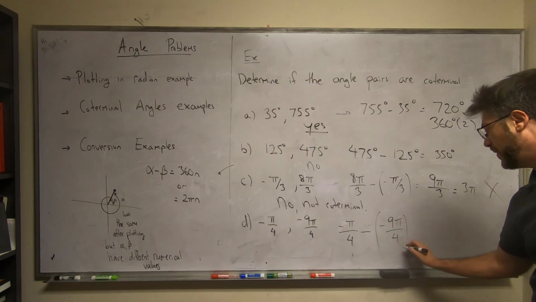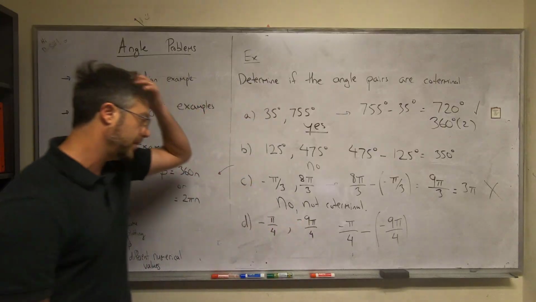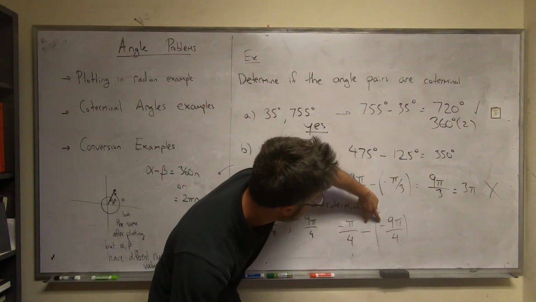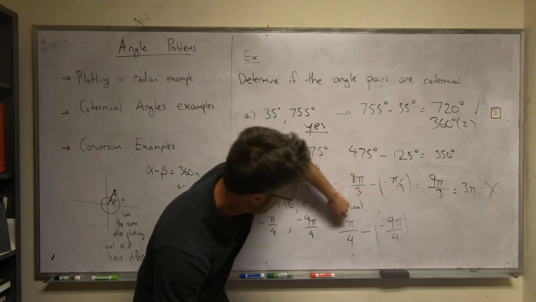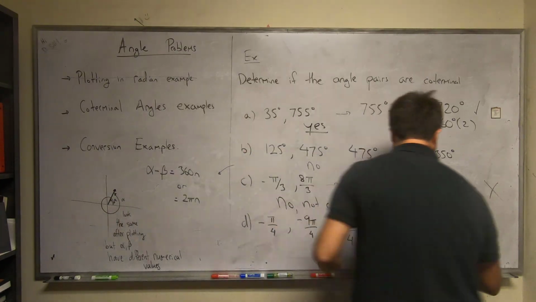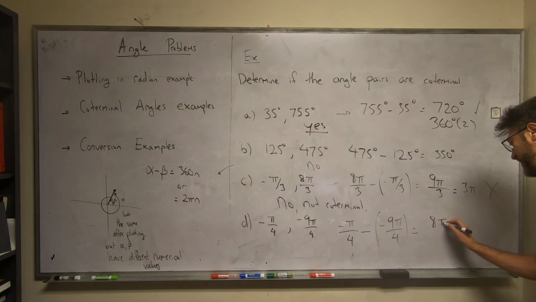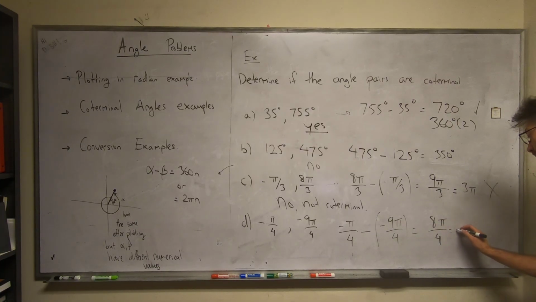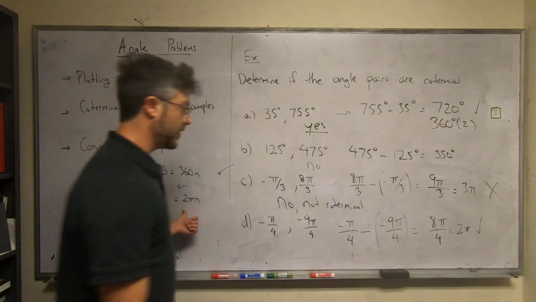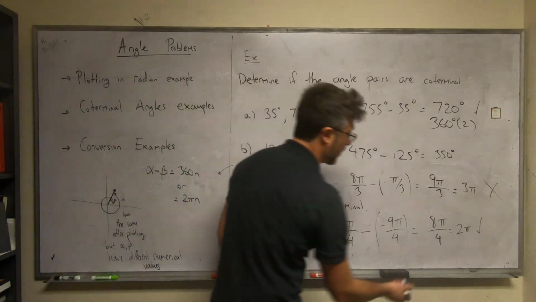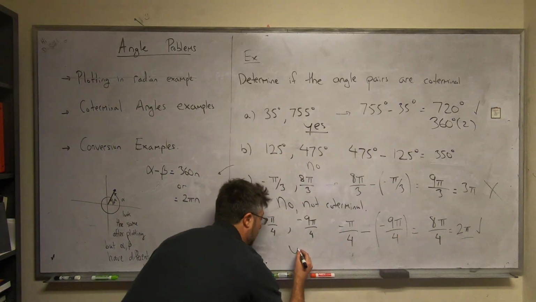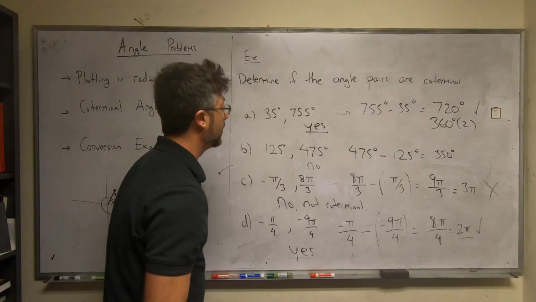And then taking the 2 in that way will guarantee that we get a positive magnitude out. So minus minus is a plus. So we have positive 9, but minus 1. So the numerator comes out to be 8 pi over 4. And yeah, this one actually works because we got, dead on the nose, a full copy of a revolution in the radian measure, 2 pi. So we would report yes, coterminal.